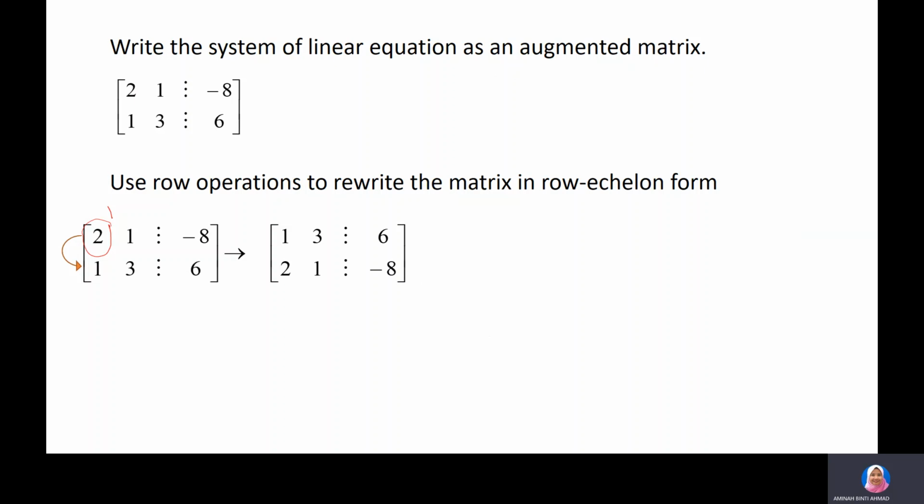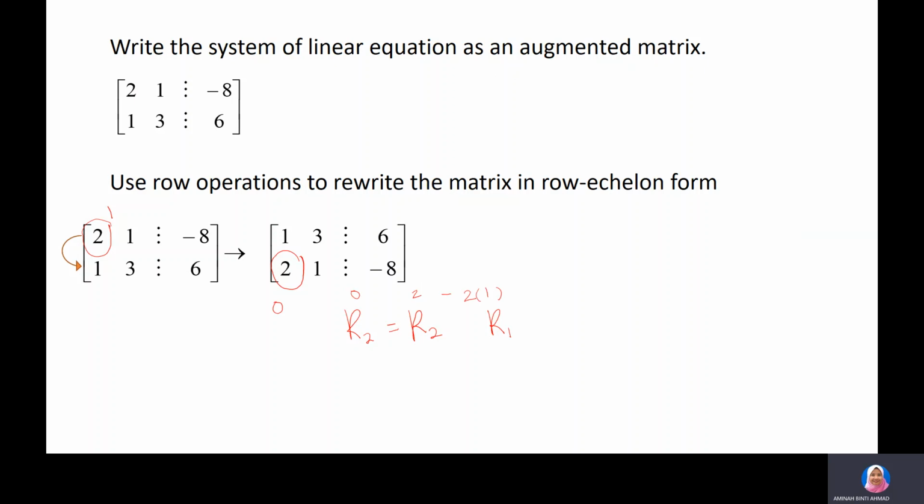So now we focus on row 2, where our goal is to make this entry equal to 0. Using the formula, we write row 2 back. To make this equal to 0, our value for row 2 is 2 and our value for row 1 is 1, so you need to subtract 2 times 1.